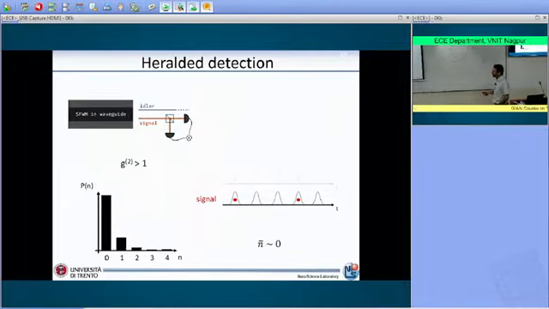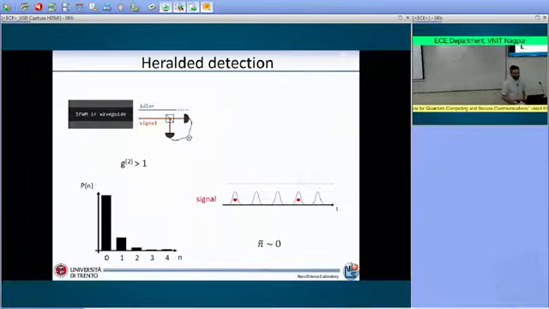Since the source is a probabilistic source, the result of the measurement is that sometimes I have one photon and sometimes I do not have any photon. So this is what I measure when I'm doing the measurements on one of the two photons of the pair. Exactly the same as in a classical light source. So the probability of having 0 photons in the state is large, then the probability of having one photon in the state is going down, so it's a Poissonian statistics.